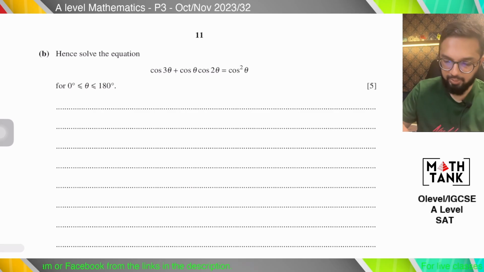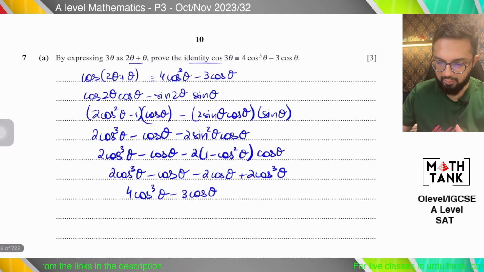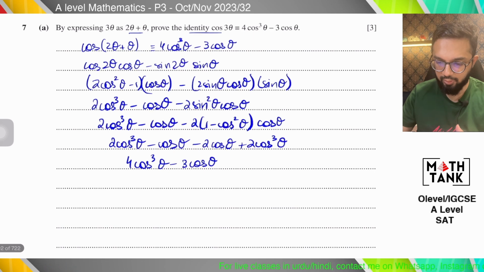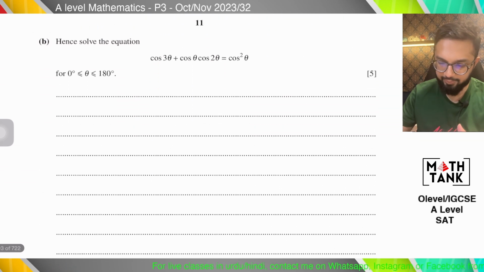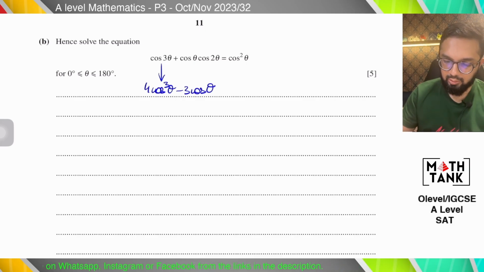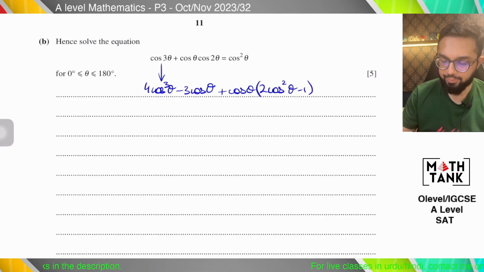Hence, solve the equation. So cos 3 theta can be written as 4 cos cube theta minus 3 cos theta. Then I have cos theta, and then there is another cos 2 theta. So 2 cos square theta minus 1 equals cos square theta.